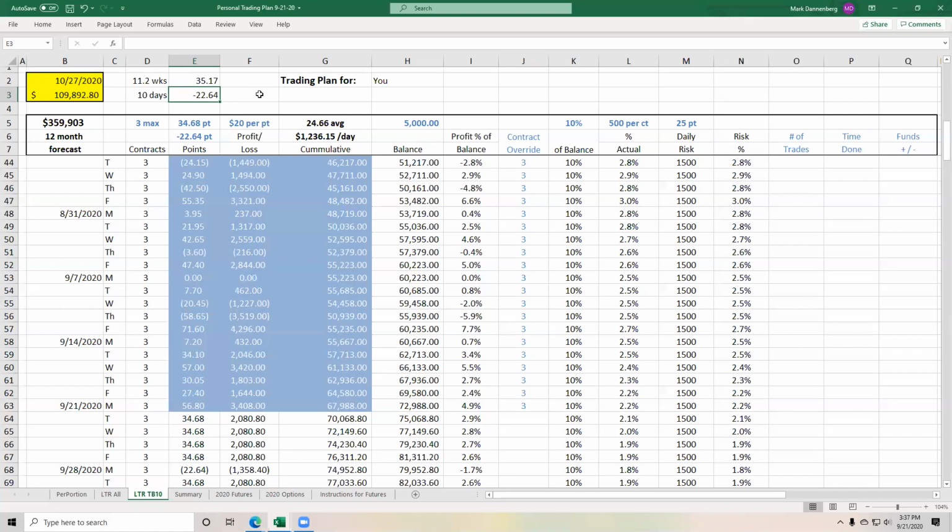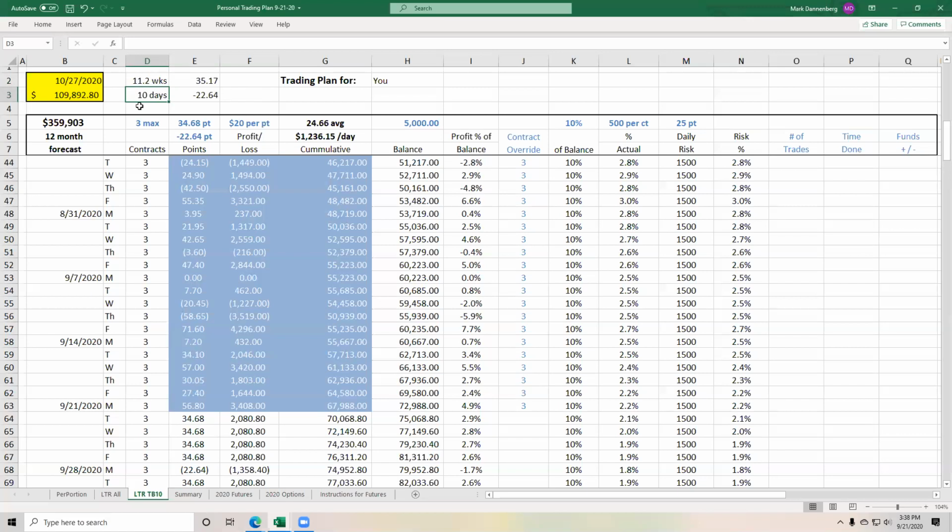And we're going to double check and see how many losing days we've had, because our 52-week plan calls for an average of 1 losing day every 5 trading days. Well, we have 11.2 weeks behind us, already expired and logged in and locked, and we've had 10 losing days.